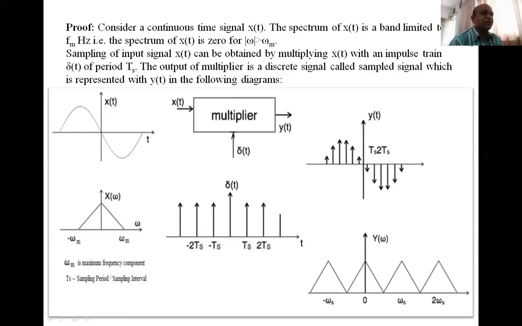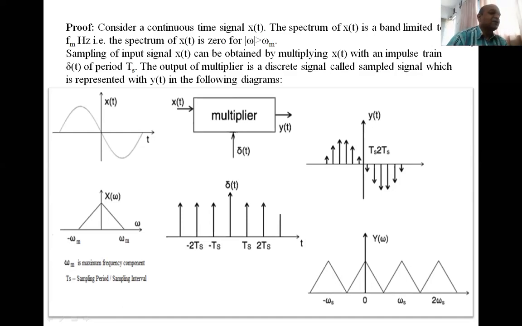Now here this Fourier transform x of omega looks like this. You can see that the Fourier transform, or spectrum, is non-zero from minus omega m to plus omega m.